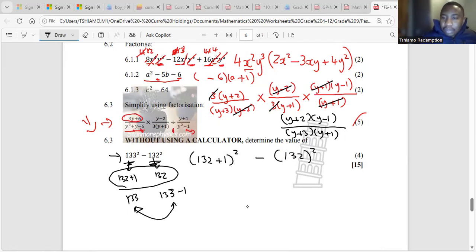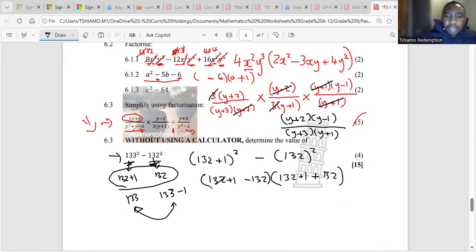So I can now, what am I going to do now? I'm going to do difference of two squares. Difference of two squares would be this one, 132 plus 1 minus 132, times 132 plus 1 plus 132.